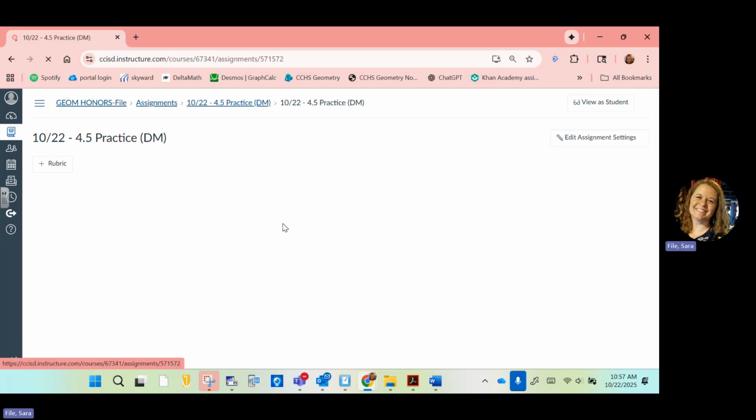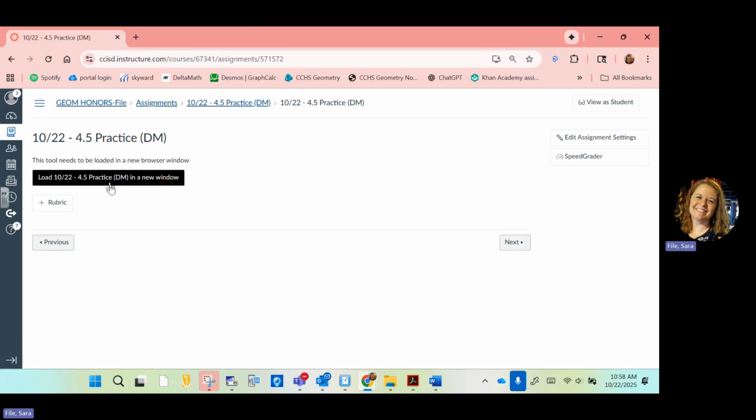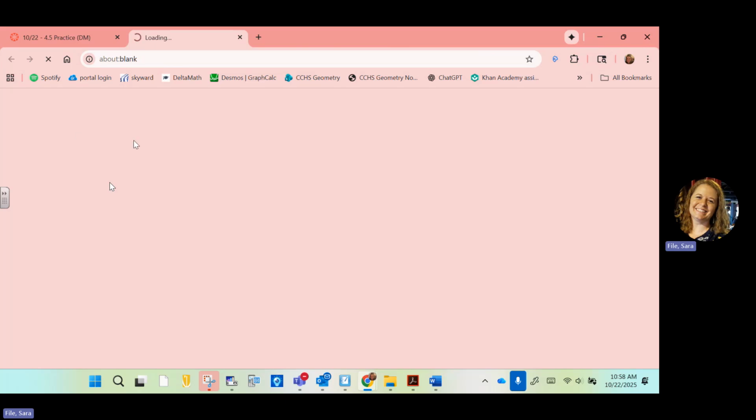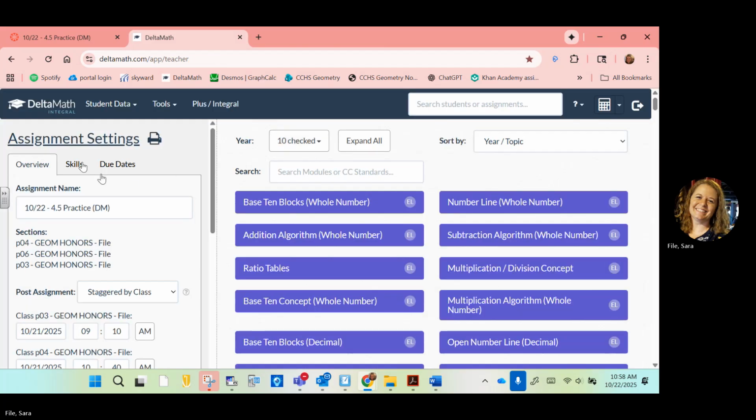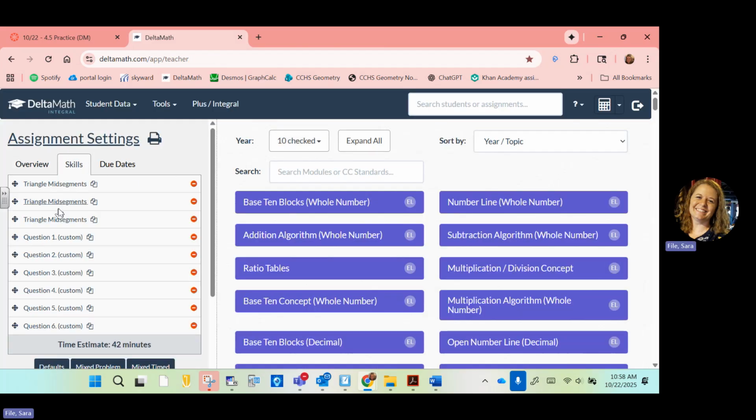I do want to remind you, when you have your Delta Math assignments and they look like this, the question types on the left, remember, if they have like question 1, question 2, etc., these were custom questions I put in. These came from a worksheet assignment, and I don't want to give you the worksheet, so I just put them into Delta Math.